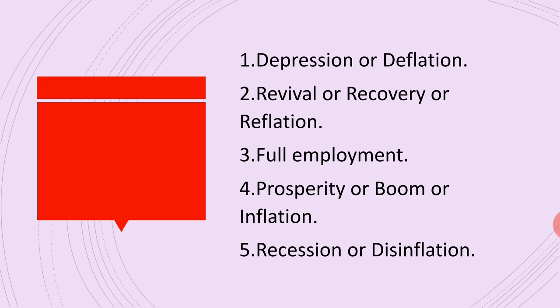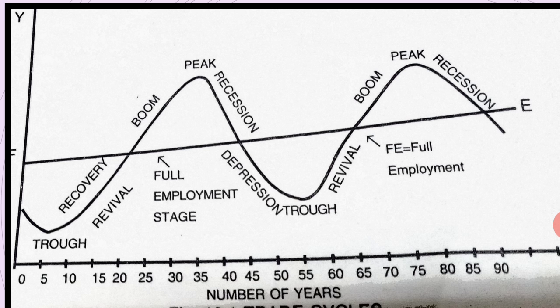Let us try to understand all these phases one by one with interesting characteristics. See here, the picture is given. From the bottom, that means from depression to recovery, then recovery to boom, boom reaches peak.